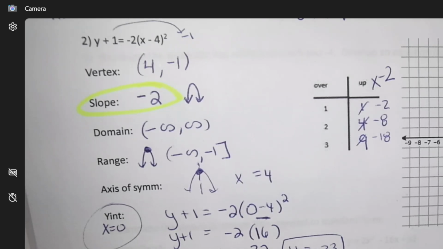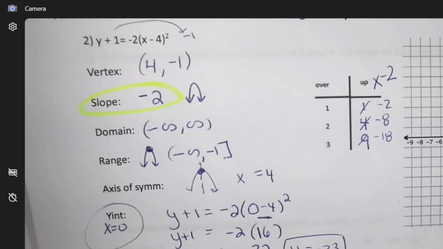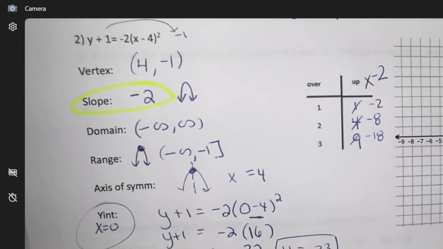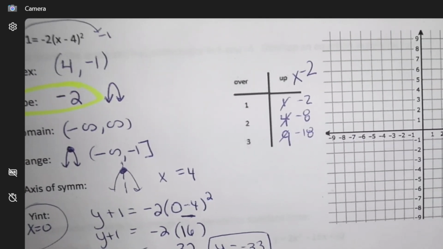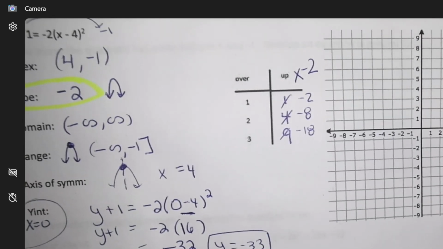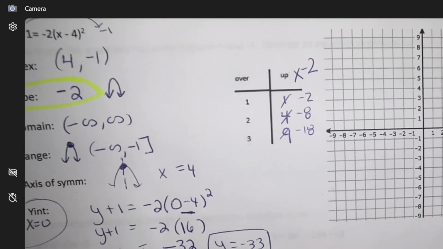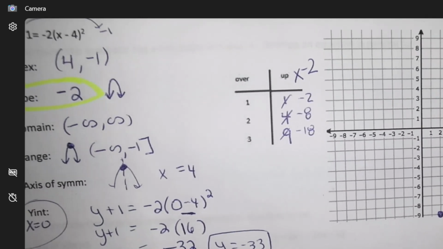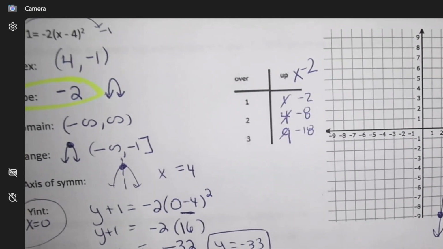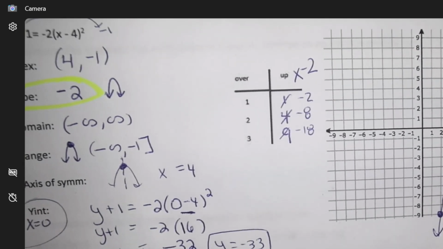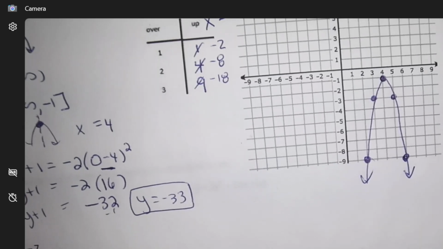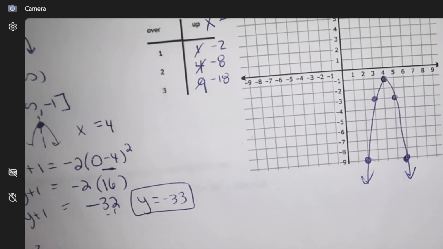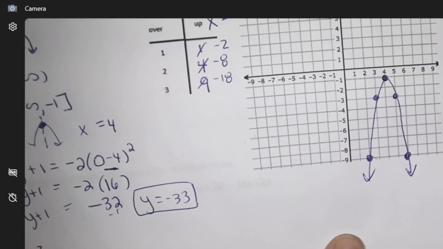So I'm going to go to my vertex of negative 1. I'm going to go over 1, down 2. Over 2, down 8. Please ask yourself, does your y-intercept make sense? Do you remember we were supposed to cross down here at negative 33? Does that look correct? Yeah.